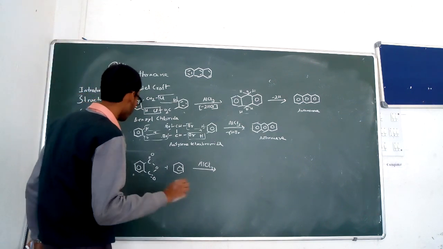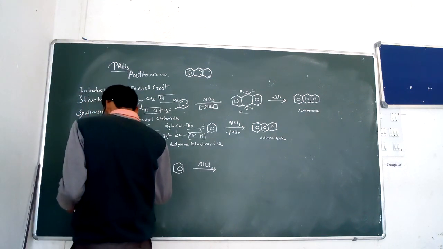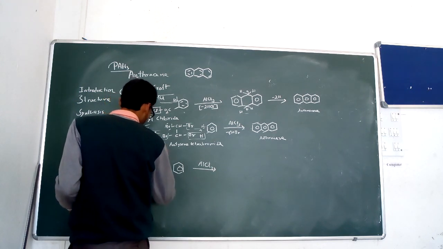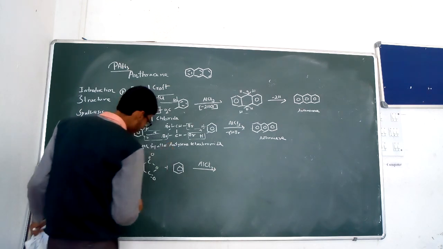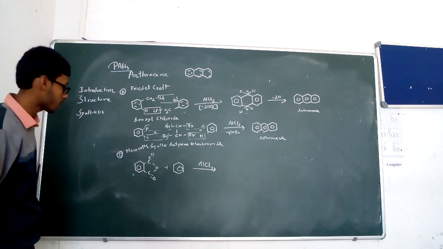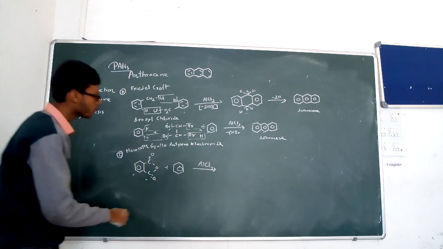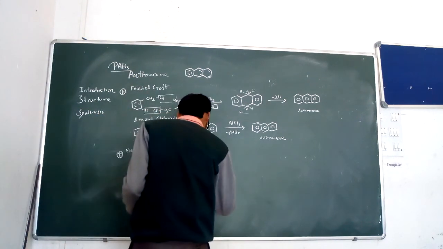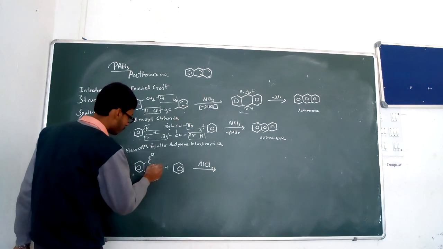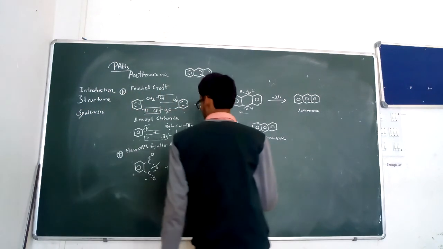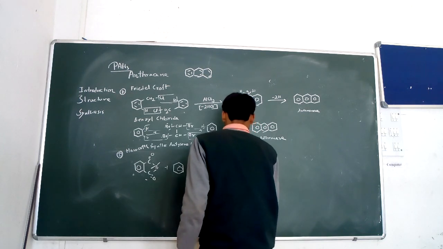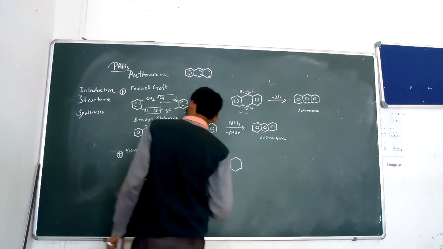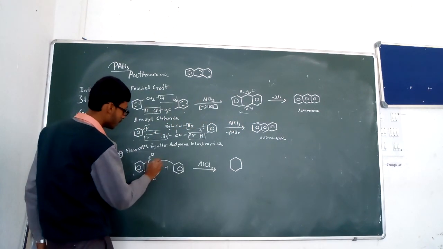And another reaction is the Haworth synthesis. We already studied the Haworth synthesis in the preparation of naphthalene. Here the starting material used is phthalic anhydride. You know already the structure of phthalic anhydride, and phthalic anhydride reacts with the benzene molecule in the presence of aluminium chloride, and the molecule breaks here and benzene is attached here.